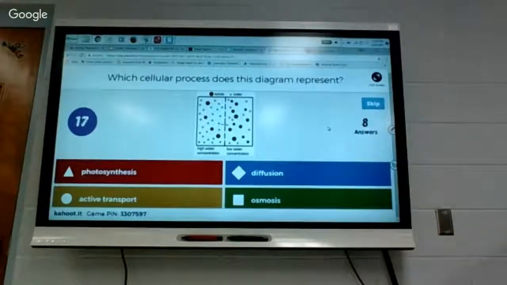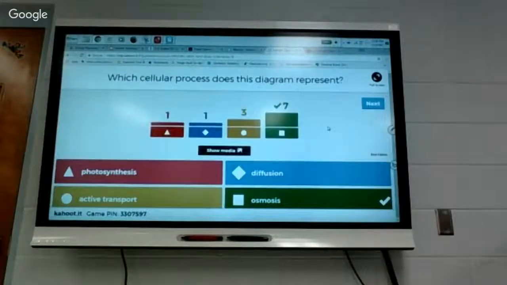The movement of water is always the same. Very good. Osmosis.